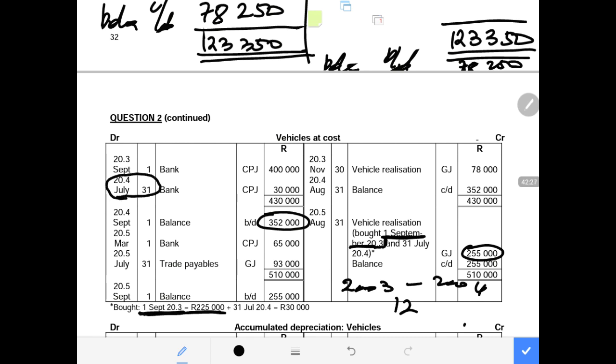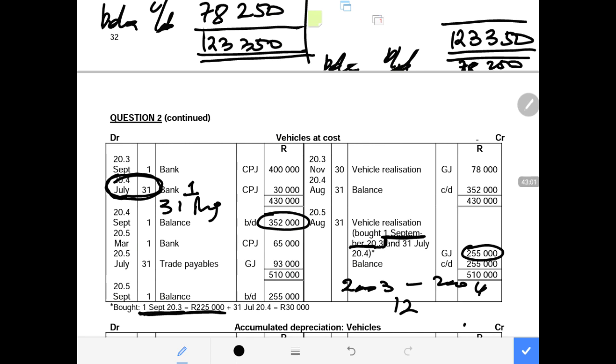So it would be August, September, meaning it was in the business for only 2 months in the 2004 accounting period. I know, not 2 months, only 1 month to be honest, because our accounting period ended in August. So it was only in the business for 1 month. It was bought at the end of July and stayed in the business until 31 August, meaning only 1 month in the accounting period of the year 2004.